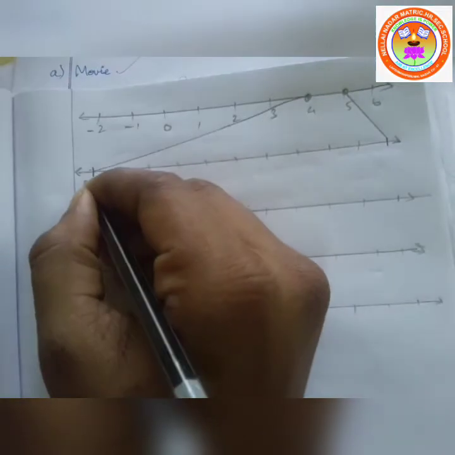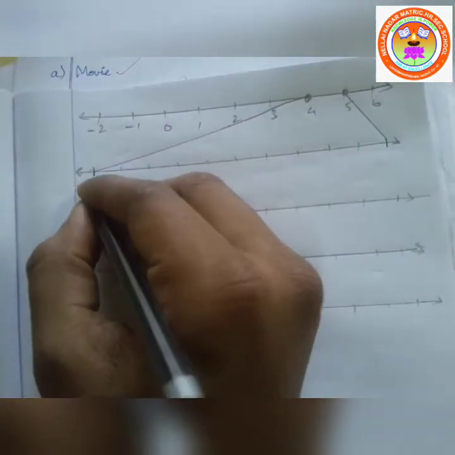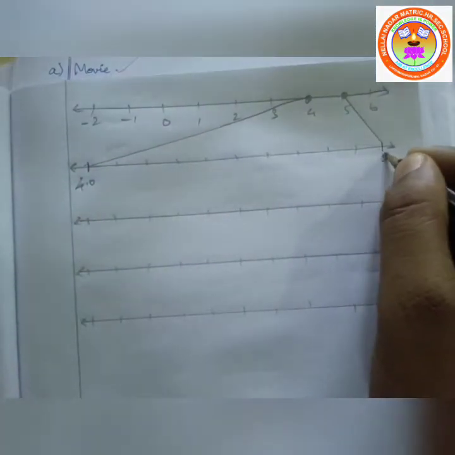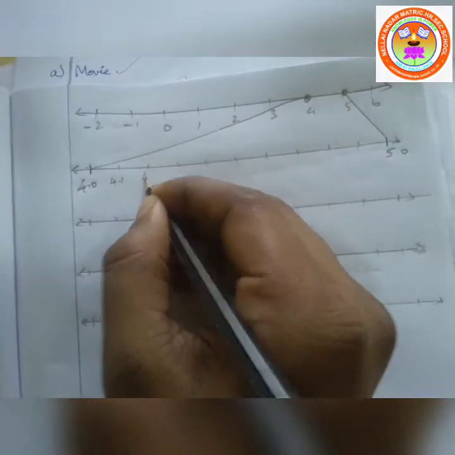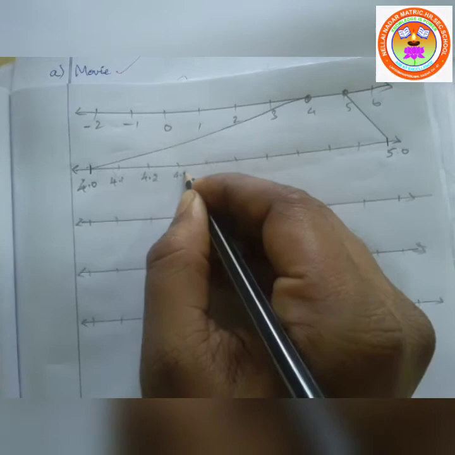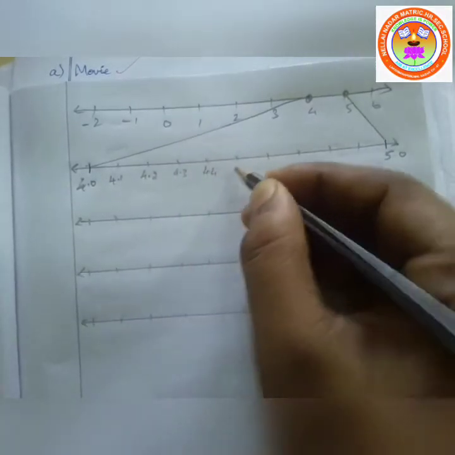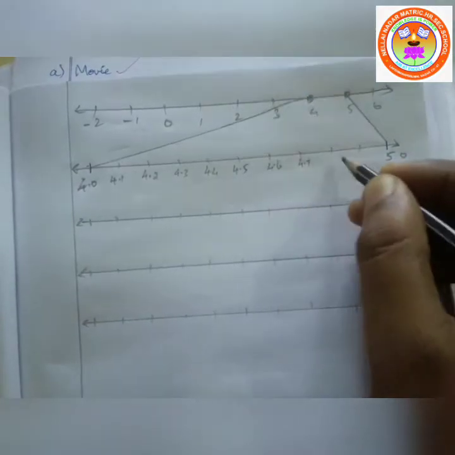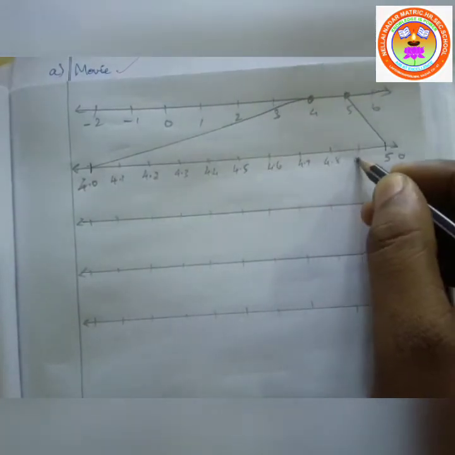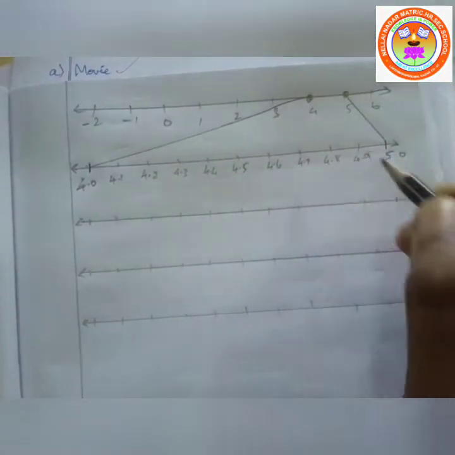So here you have to write 4.0, here you have to write 5.0. In between, 4.1, 4.2, 4.3, 4.4, 4.5, 4.6, 4.7, 4.8, 4.9, 5.0 will come.